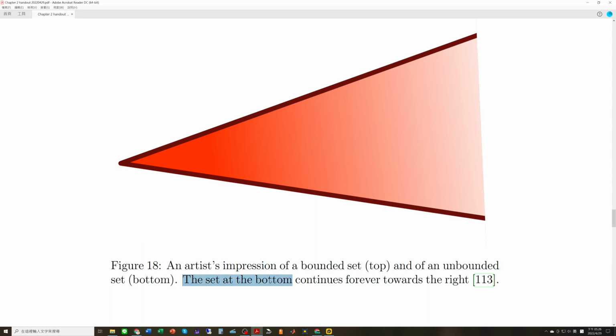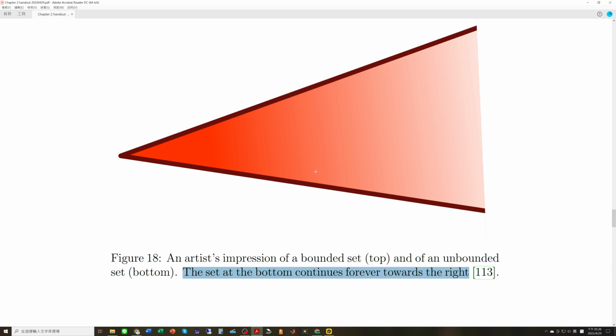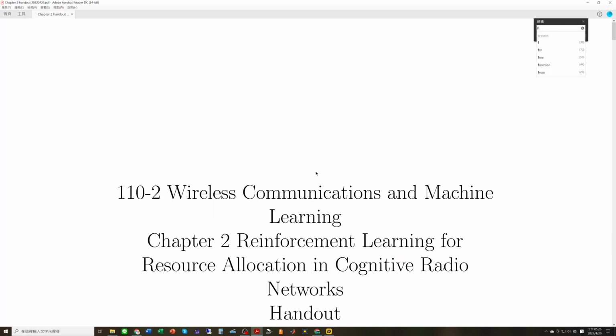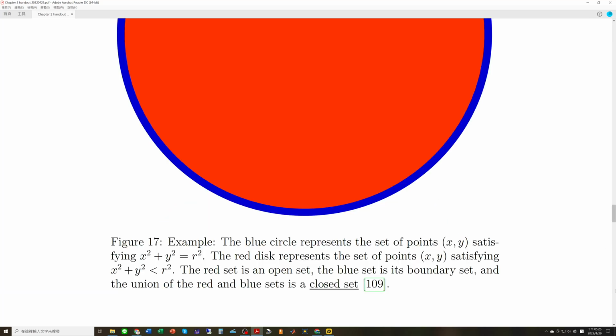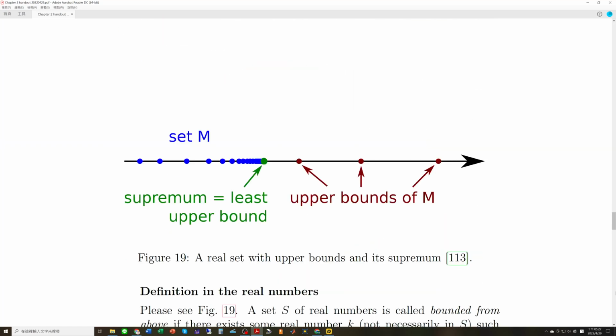The set at the bottom continues forever towards the right, so it can be extended to the right to infinity. So we have explained what a bounded set is in problem 12. Then let us go to problem 13.